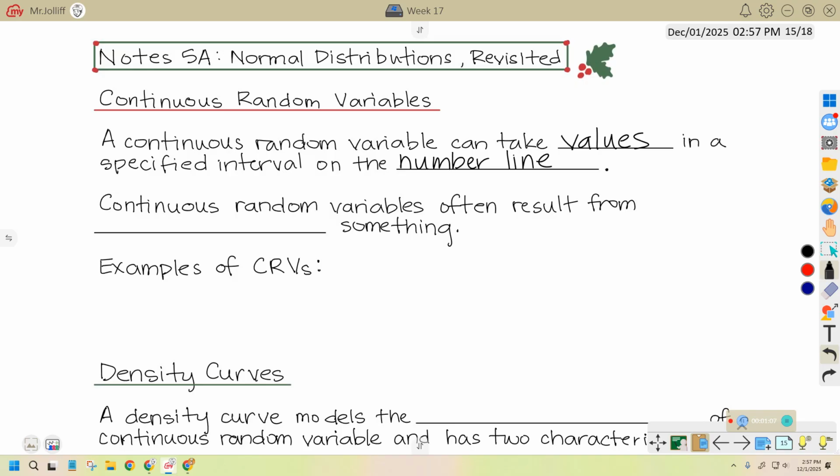You will notice the specified interval part, because we are dealing with real world variables. There are usually limits on them. If I am talking about the continuous random variable that represents the height of US adults, there is a minimum recorded height for a US adult, right? I'm pretty sure we have not seen a US adult that's only 12 inches tall.